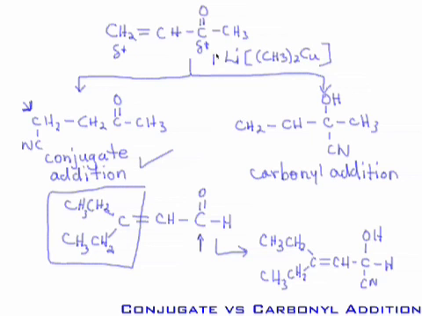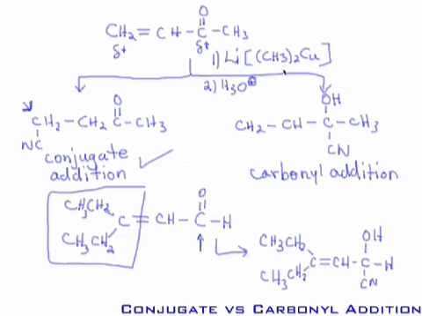I'll use that in step 1. And of course, step 2, I'll add an acid to destroy the copper reagent. Now, remember, dialkyl cuprates are weaker alkylating reagents than Grignard or alkyl lithium. But they are still extremely powerful reagents.